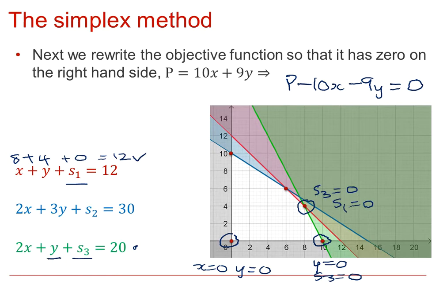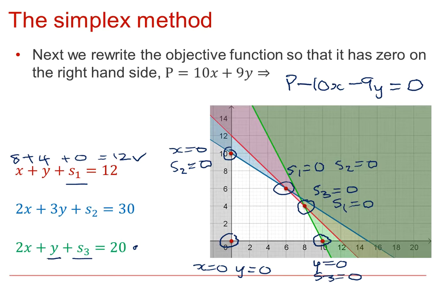At the point 6, 6, this is where the red and blue lines intersect, and so we would expect S1 to still be 0 and also now S2 to be 0. At this vertex here, we have that x equals 0, but on the blue line we would also find S2 equals 0.